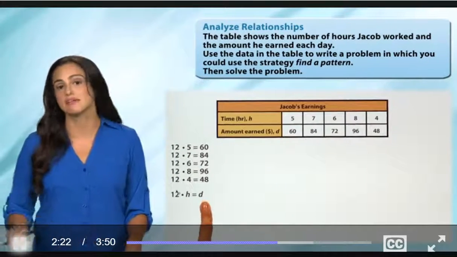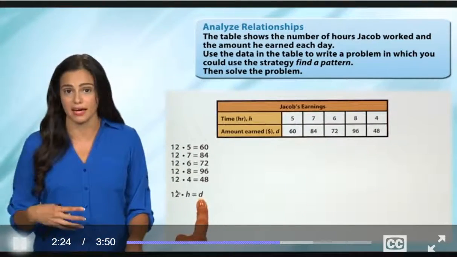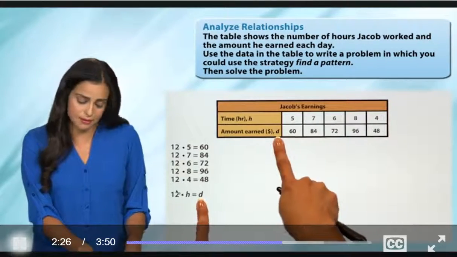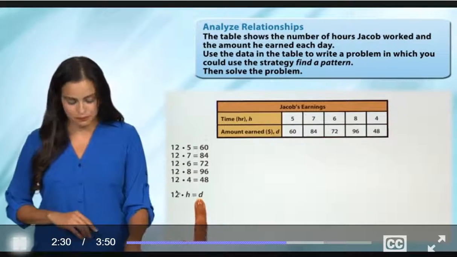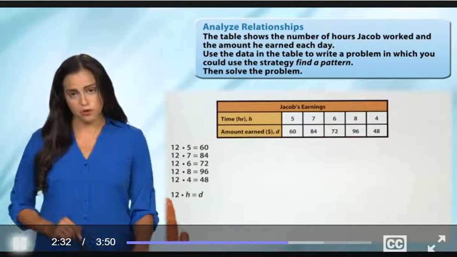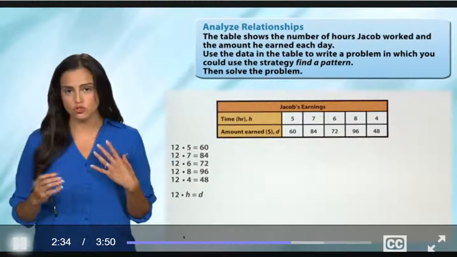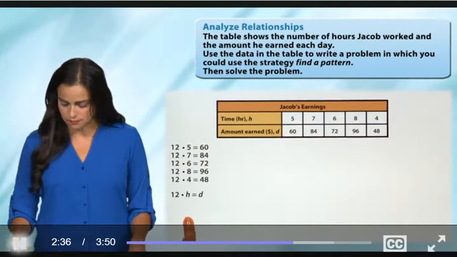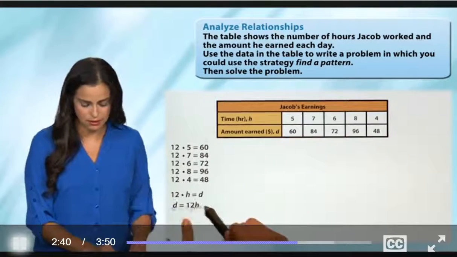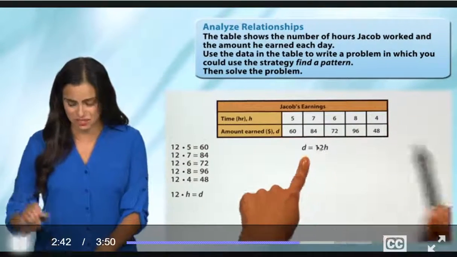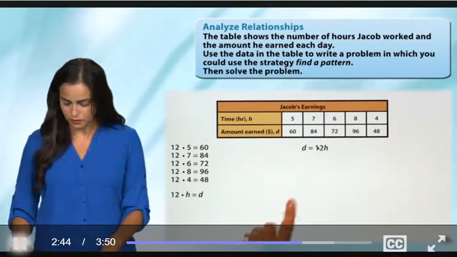And finally, that's going to give us the amount that he earned for that day. And again, they tell us that that should be labeled D. Even though this formula is correct, it looks a little bit strange. So I'm just going to rearrange it so that I have it as D equals 12 times h. Now let's write it up here since that's the star of the show.